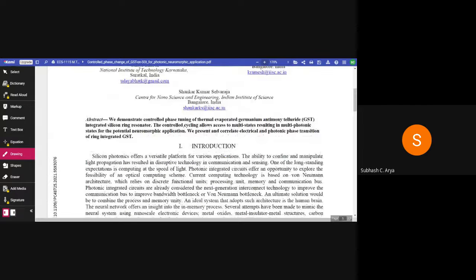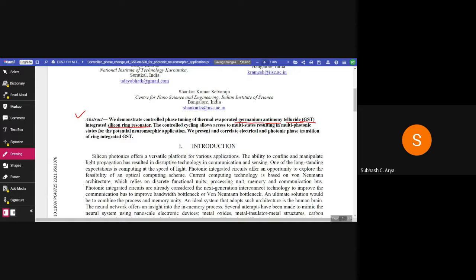So, the abstract goes like this. We demonstrate controlled phase tuning of thermal evaporated germanium antimony telluride, in short GST, integrated silicon ring resonator.